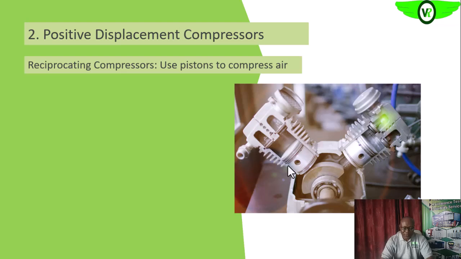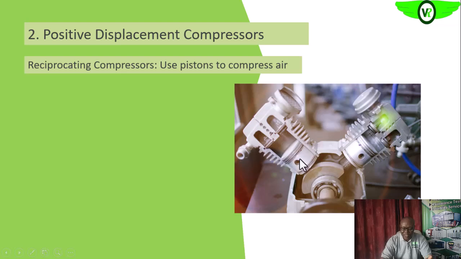So the first that we are going to be looking at is the reciprocating compressor. The reciprocating compressor, as you see here, has a piston. So that reciprocating movement, the to and fro movement of this piston, will be what will be compressing the air and sending it. So let's assume that this is our compressor now.